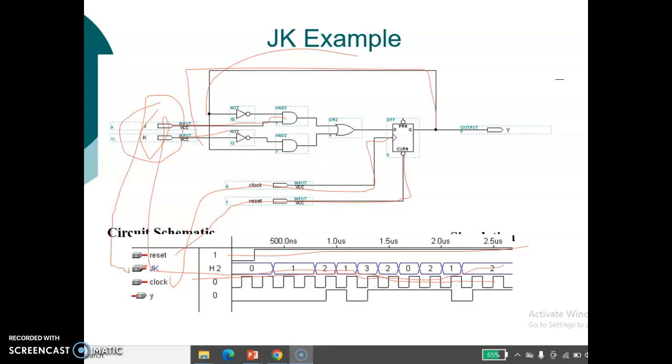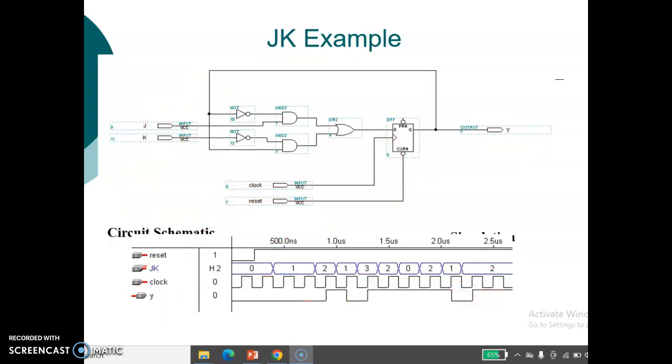Then Y is the output vector. Here it goes 0 1 0 1. So depending upon the JK input, the output will come.